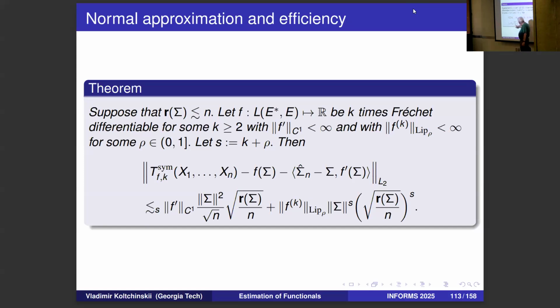We can make sure that when R of sigma is small o of n, we will get a right-hand side of the bound of the order o small of 1 over square root of n. And what we are using to approximate the deviation of our estimator from what we are trying to estimate is of the order 1 over square root of n, because it's controlled by the central limit theorem.